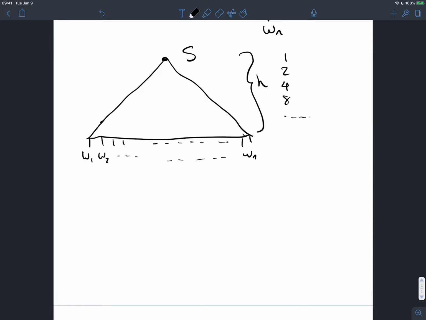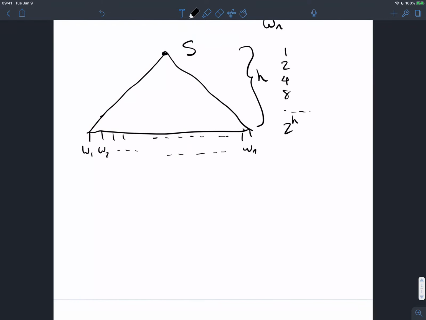It depends on how you count, whether you count the last layer or not, and where you count from, but let's not deal with those issues. Well, how many nodes is this in total? Isn't that just 2 to the h plus 1 minus 1?